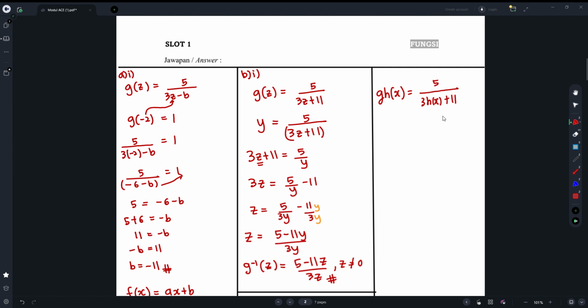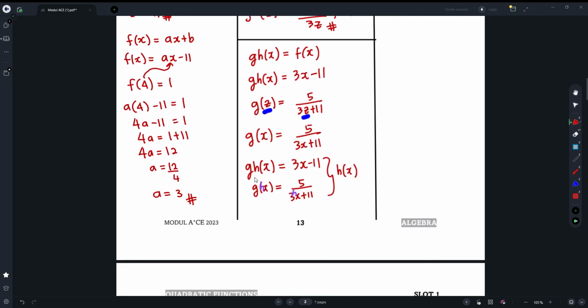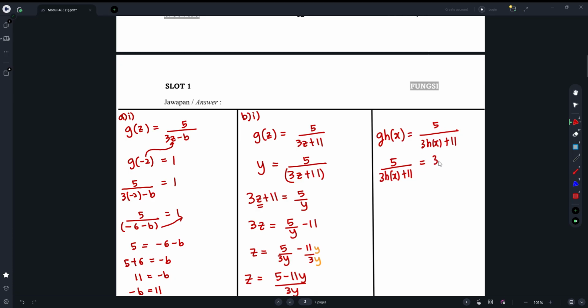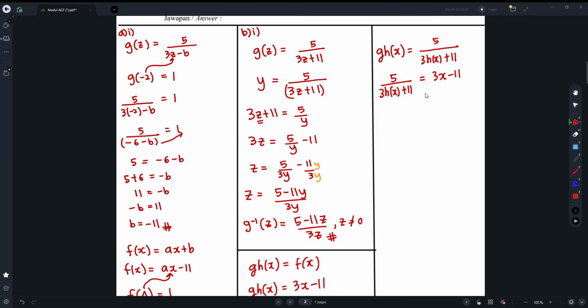So this is our gh(x), and according to the question, 5 over 3h(x) plus 11 is equivalent to the gh(x) we have in the diagram, which is 3x minus 11. So we need to equate them. Our target is to make h(x) the subject, so this entire bracket will go up and this entire bracket will come down.